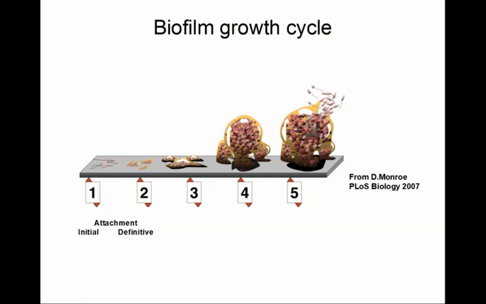Then the bacteria that interact with this surface will express specific adhesins, which could be, for example, pili, to firmly attach to the surface. And they'll grow on the surface just as individual bacteria until they become sufficiently numerous.